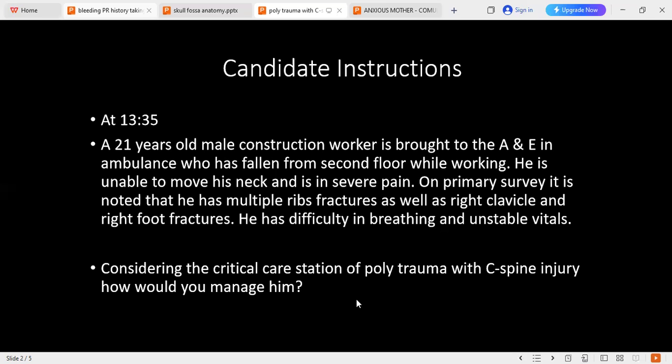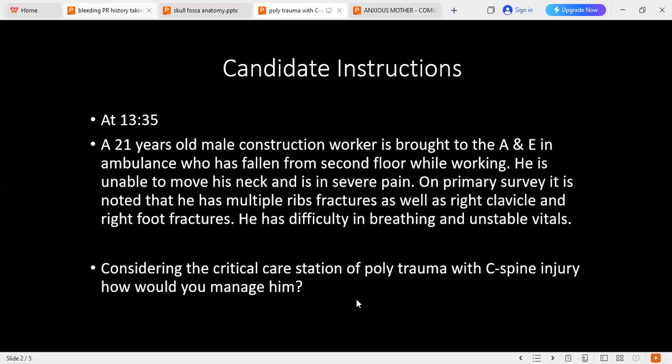Why would you consider it to be grade 4 or class 4 hemorrhagic shock? If the urinary output is less than 5 ml, that would be grade 4 hemorrhagic shock. And the respiratory rate should be how much? More than 35.